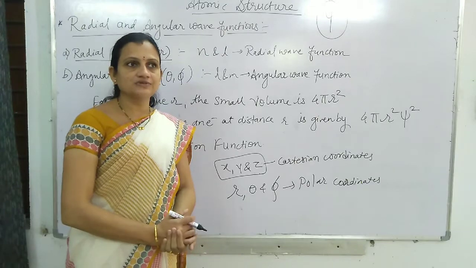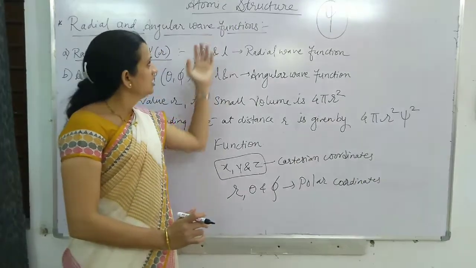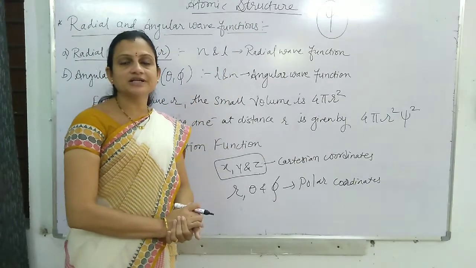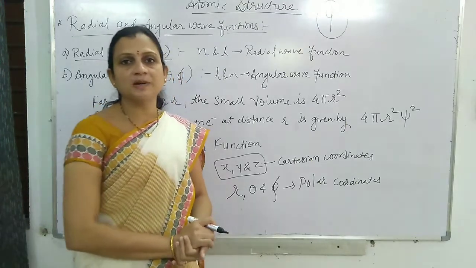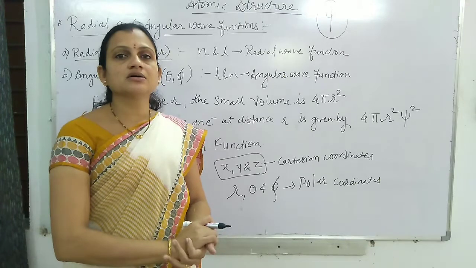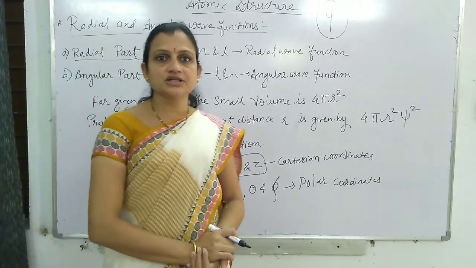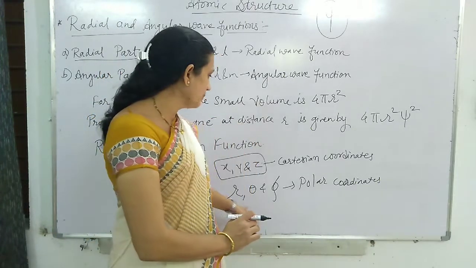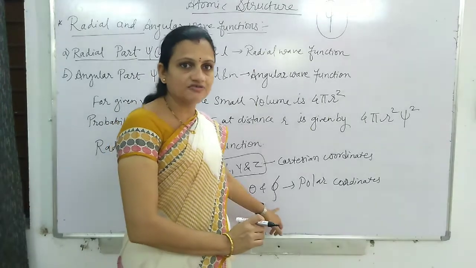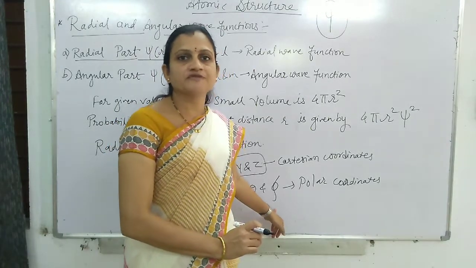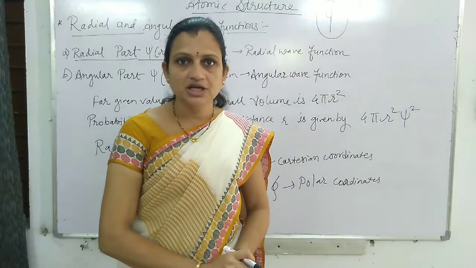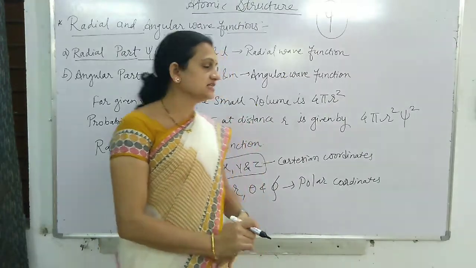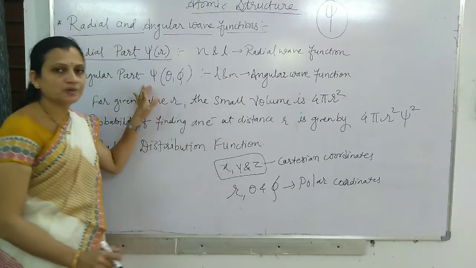The wave function can be split into two parts because the equations related to the polar coordinates r, theta, phi cannot be solved properly by using the Schrodinger wave equation directly. Therefore, this wave function psi can be split into two parts.